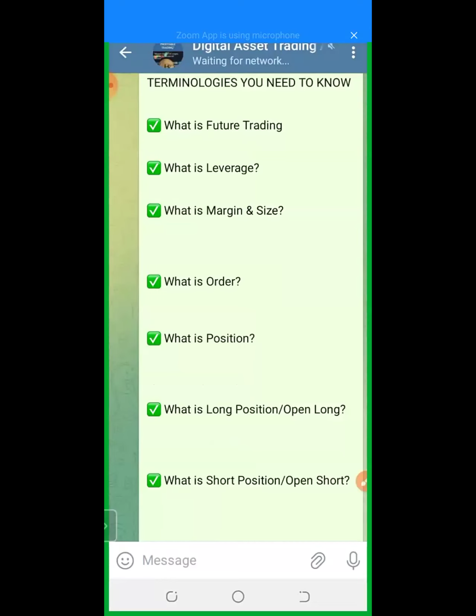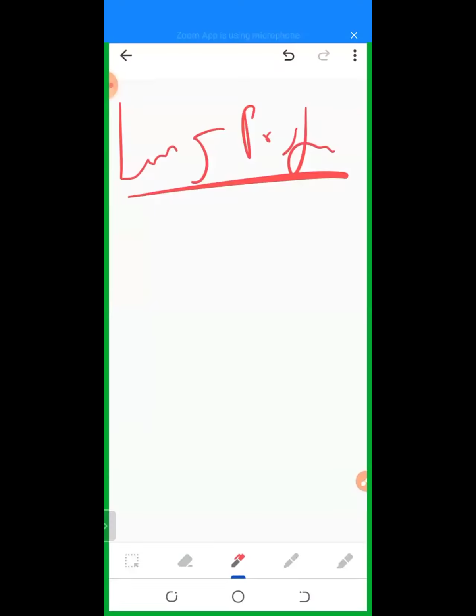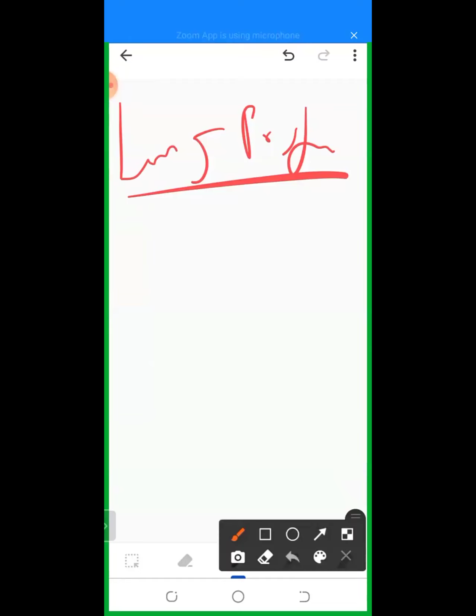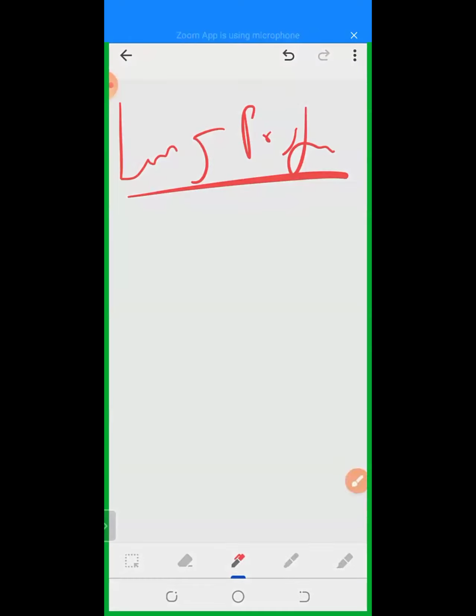Now, when you want to trade in futures, we have two positions you can take. Number one is called long position or buy position. What does that mean?